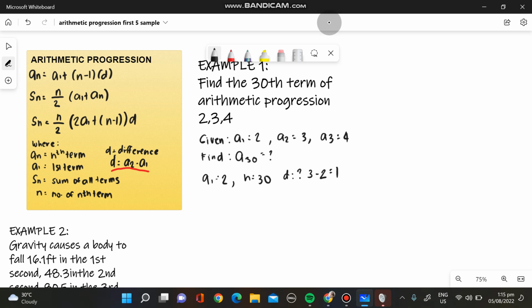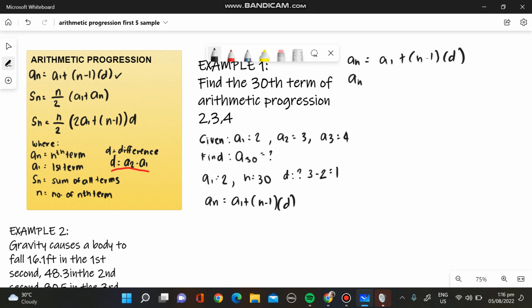So basically we can use this formula. We can write this down. We have an is equals to a1 plus n minus 1 multiplied by d. So let's put it here. Okay?